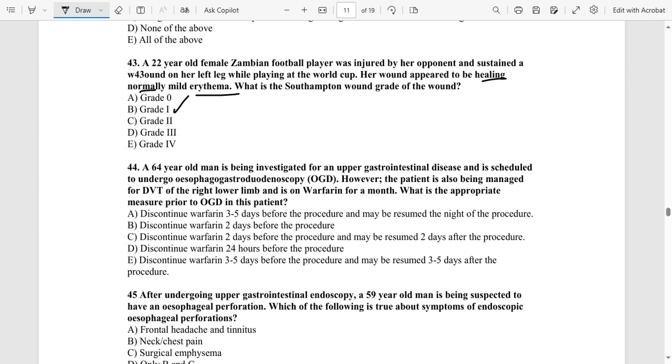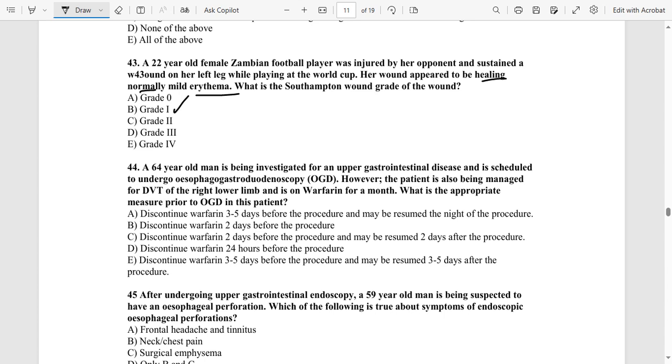So, for patients that are on warfarin, which is an anticoagulant, it means that if there's any laceration as you are putting in the OGD, bleeding is going to be profound because the body doesn't have a mechanism to stop that bleeding.